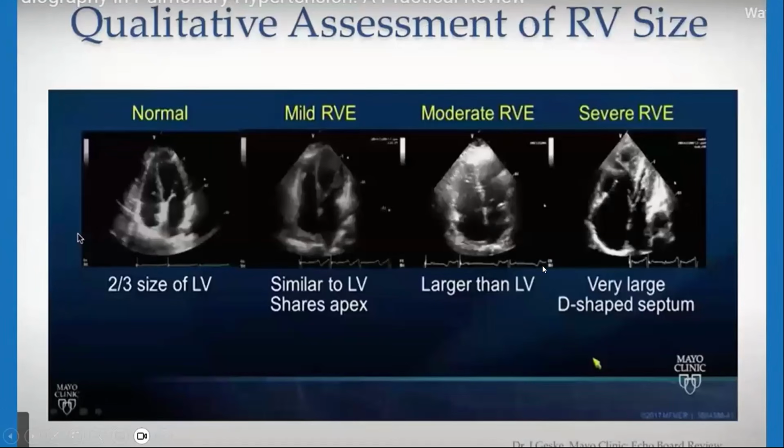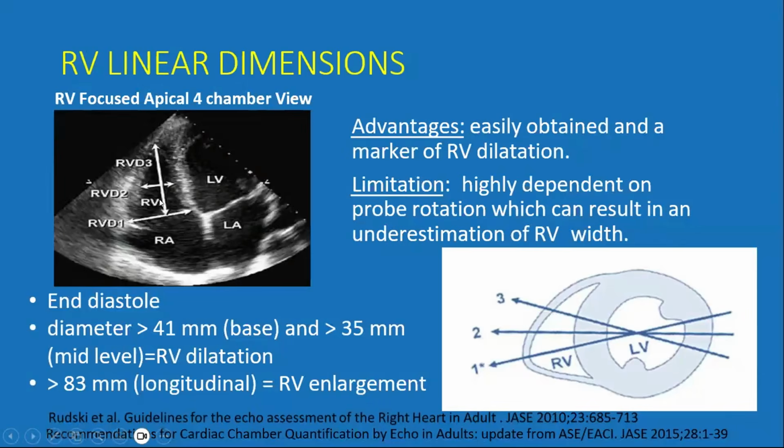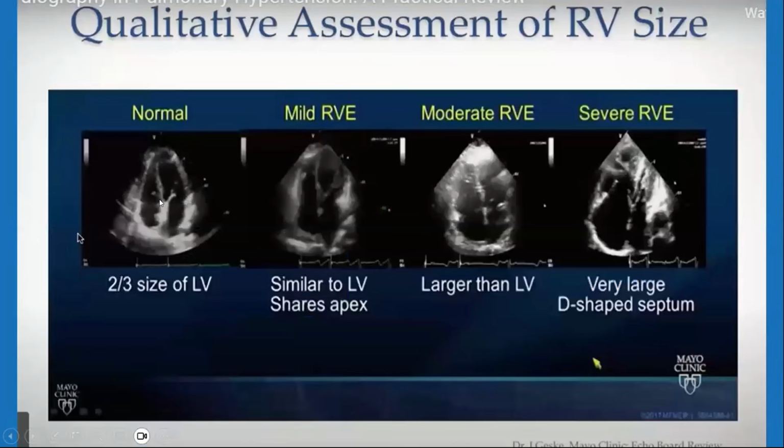Then this is also a major, common diagram wherein we know that the guidelines also say that whenever RV looks equal to the LV, it is dilated, whatever the parameters, whatever the readings are. So normally the RV is smaller than LV, two-thirds its size, and does not form the apex.